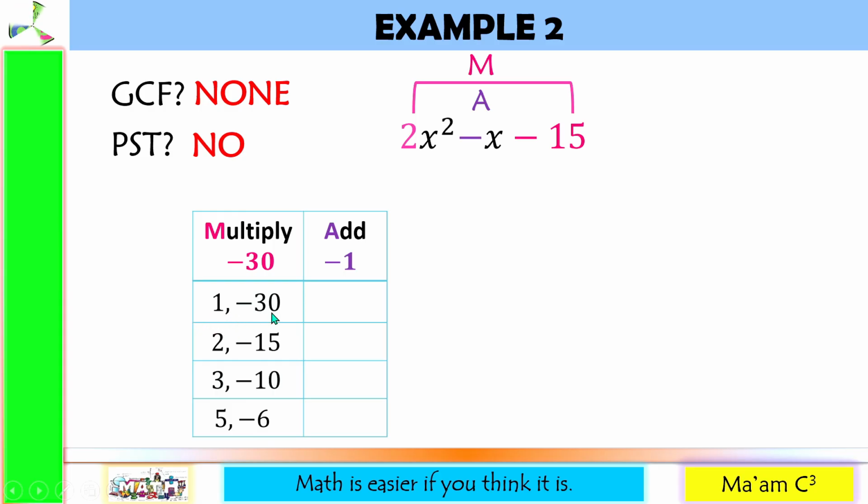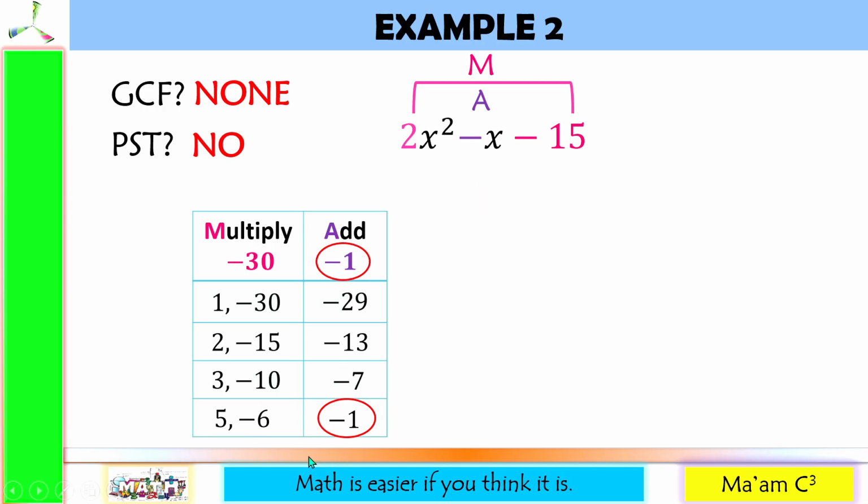1 plus negative 30 is negative 29. 2 plus negative 15 is negative 13. 3 plus negative 10 is negative 7. 5 plus negative 6 is negative 1. So I'm going to choose this one, equal to the numerical coefficient of our middle term.